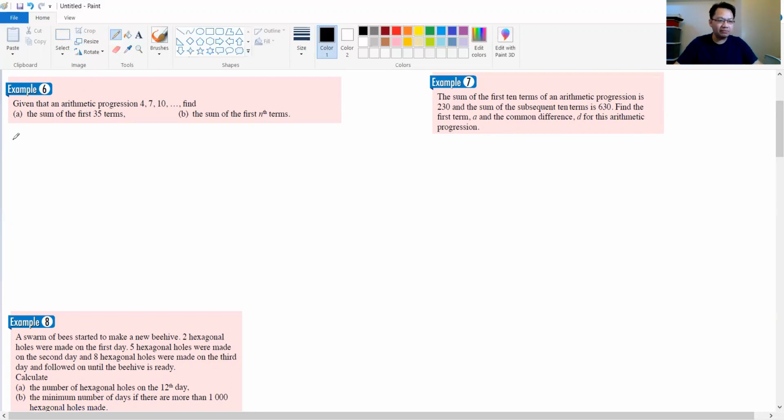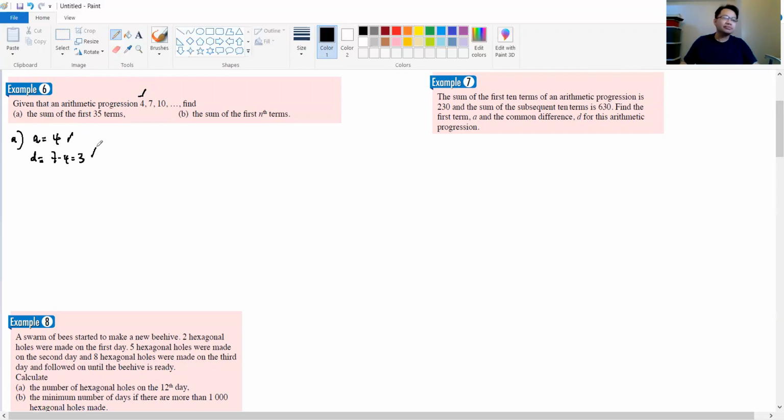Before we solve the problem, you need to identify, because this is an AP, arithmetic progression, Janjang Aritmetik, what the first term and the common difference are. The first term is automatically 4, and the common difference is 7 minus 4, which equals 3. So we already have these two values, 1 mark already.